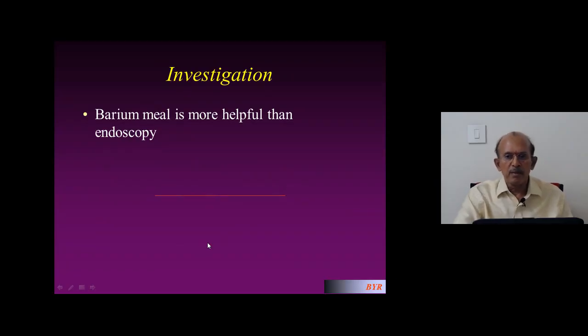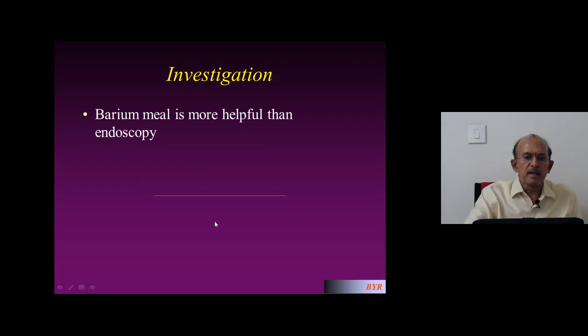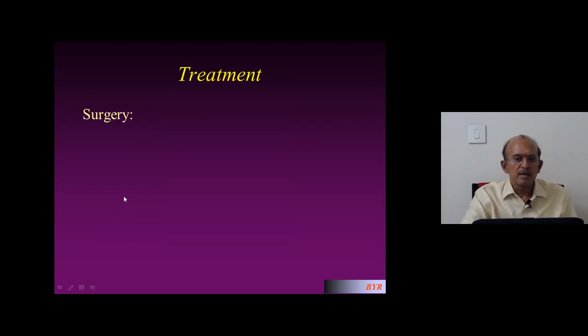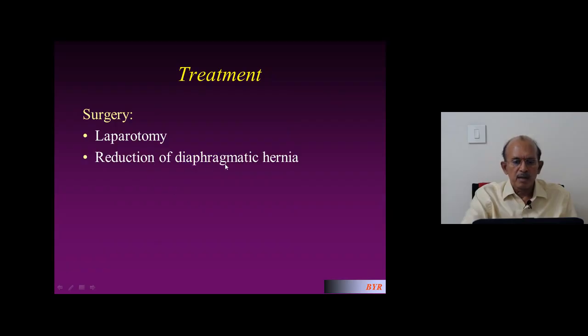Investigation: barium meal is more helpful than endoscopy in these cases. If you give barium meal, you can see this is the greater curvature of the stomach, which has gone up like this. Treatment: laparotomy, reduction of diaphragmatic hernia, because paraesophageal diaphragmatic hernia is usually associated with such types of torsions.